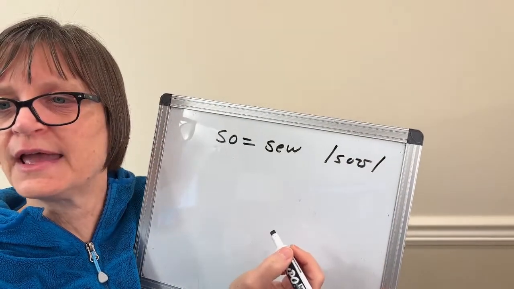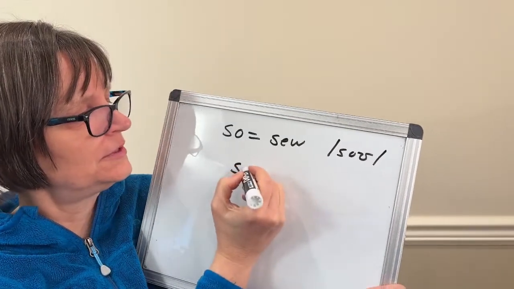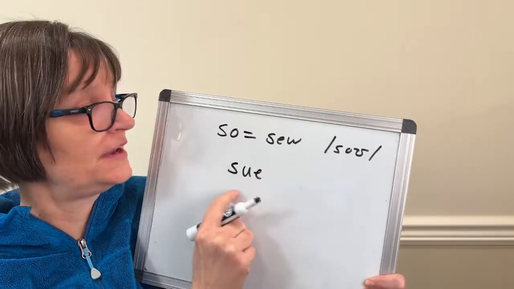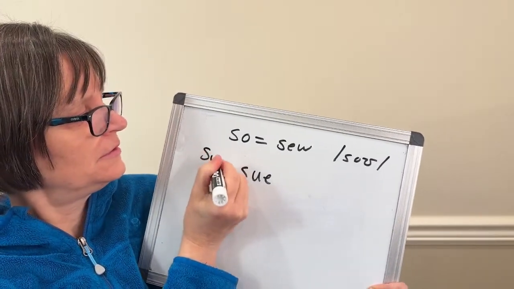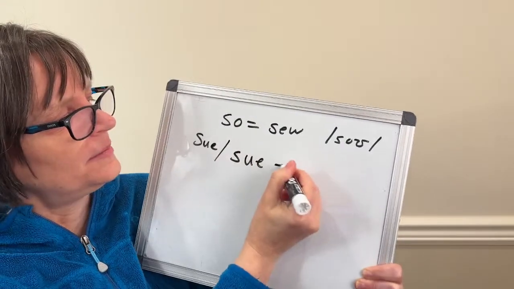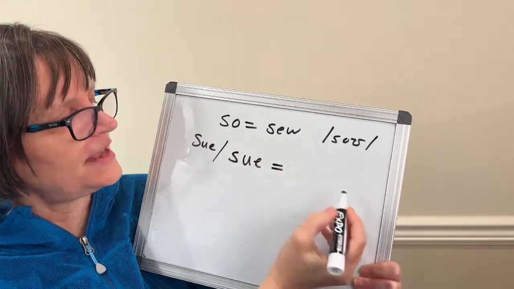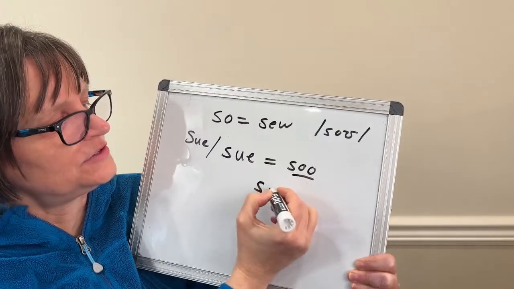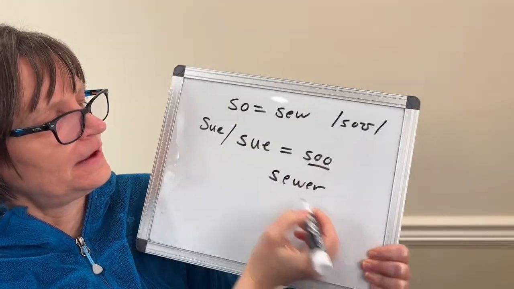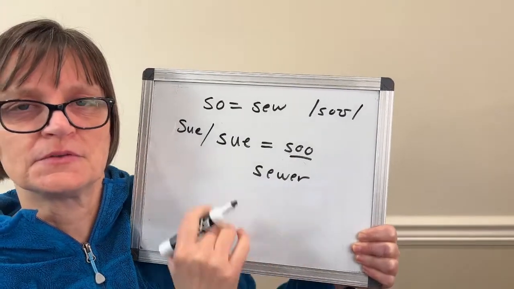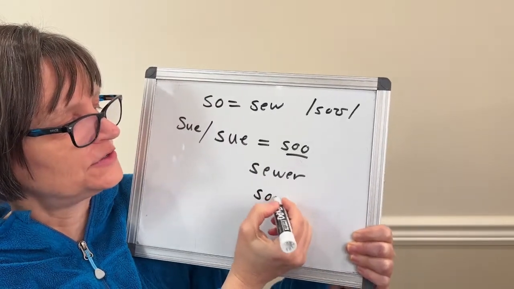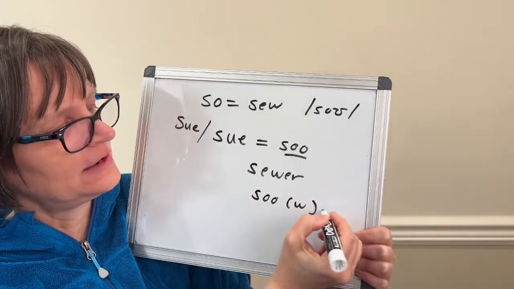Then when we're looking at sue, there was a lawsuit, he's going to sue her, or the name Sue from Susan. It has the same "oo" sound as in sewer. And this is, of course, the sewer system for water. That just sounds like "sue-er" with the vowel-to-vowel linking.